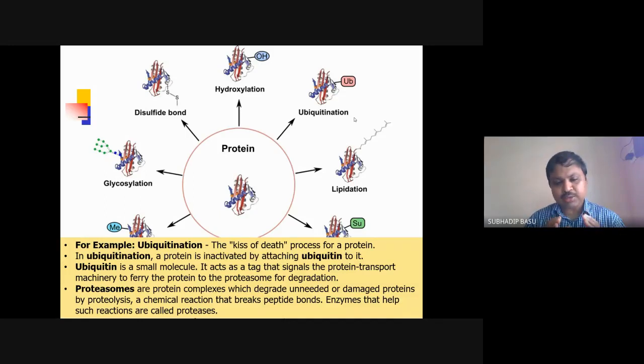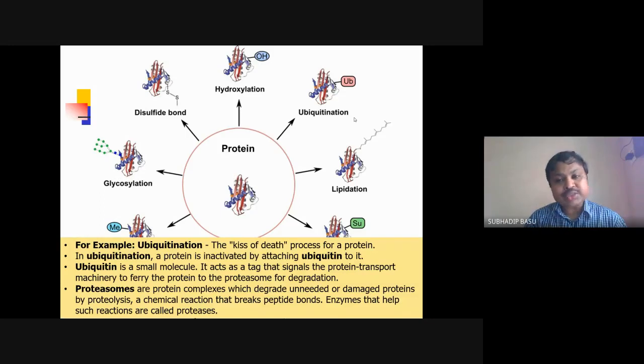So we have a final protein, and then if we have an additional small molecule attached to it, or maybe it forms a disulfide bond, or maybe something else like a lipid chain is attached to it, then that same protein behaves in a different way.